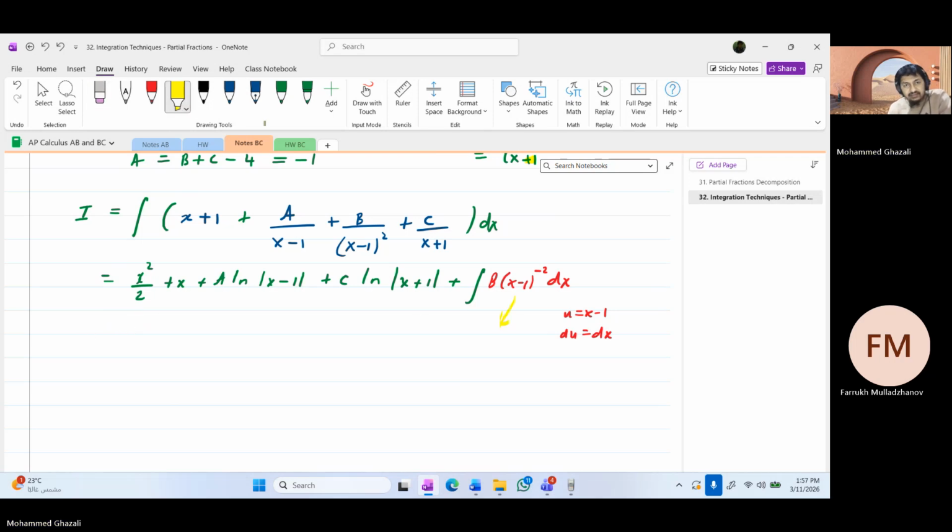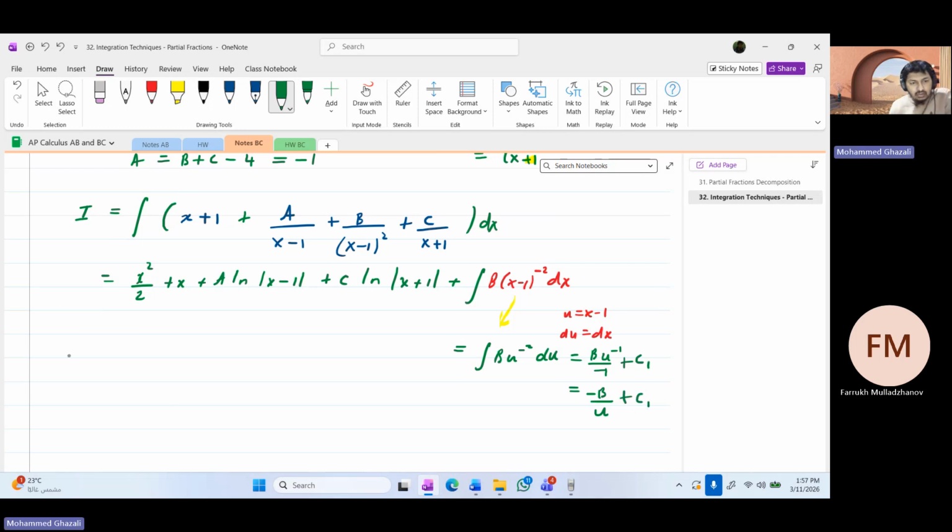So this is now equal to the integral of b u to the power -2 du, which is b u to the power -1 over -1 plus c. So that's negative b over u, plus, just call it c1.